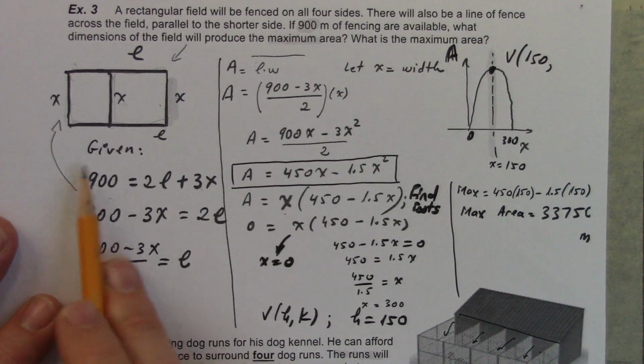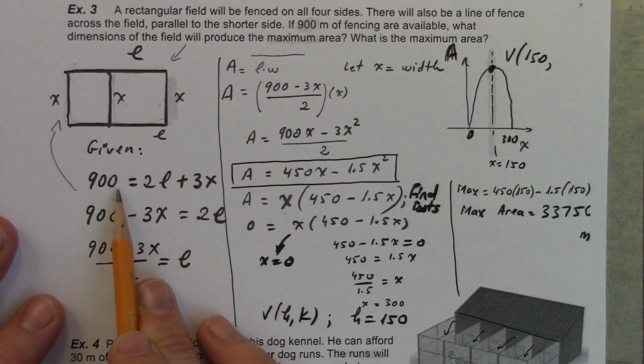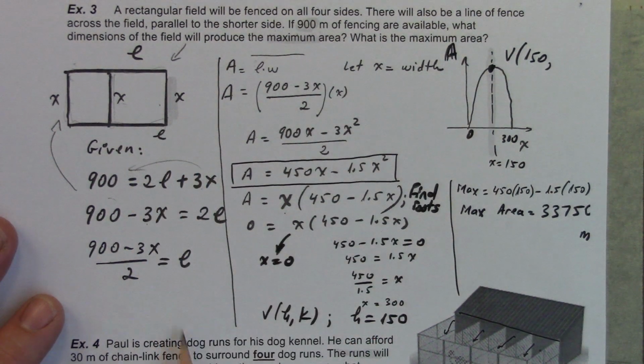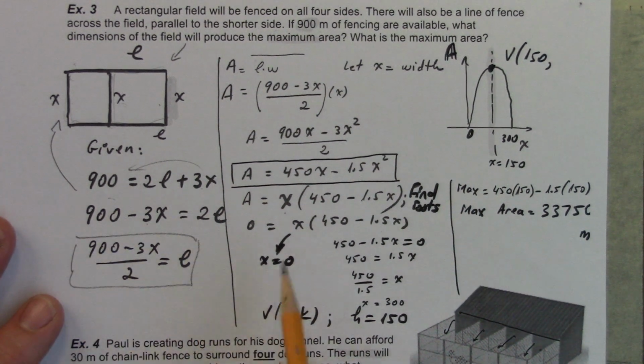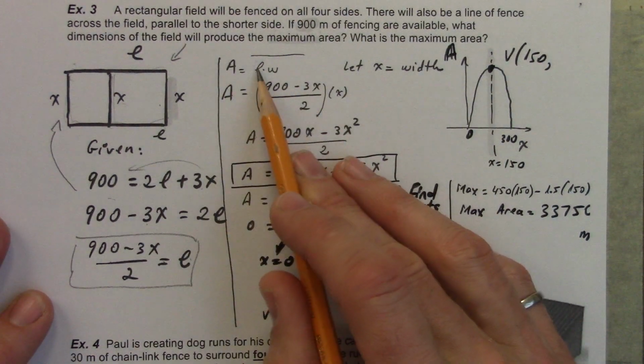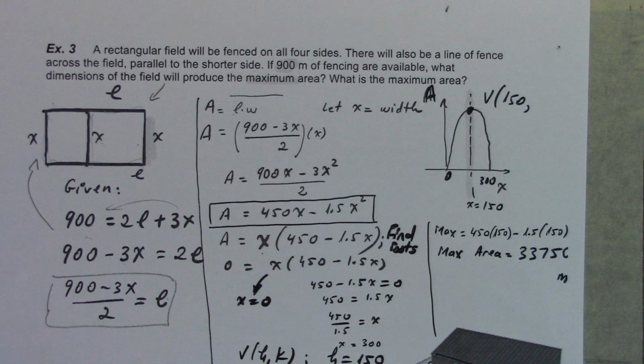Okay, so now if I rearrange this to solve for L, I'm isolating L by itself. I bring the 900, I bring the negative 3x over, and then I divide by 2, so I get L by itself. The reason I do that is because I want to plug into the area formula, and you have to have this memorized. You have to know that the area of a rectangle is length times width.